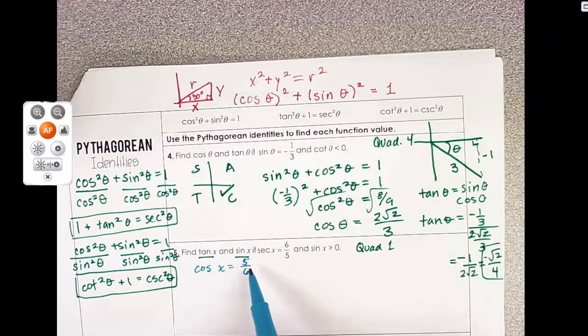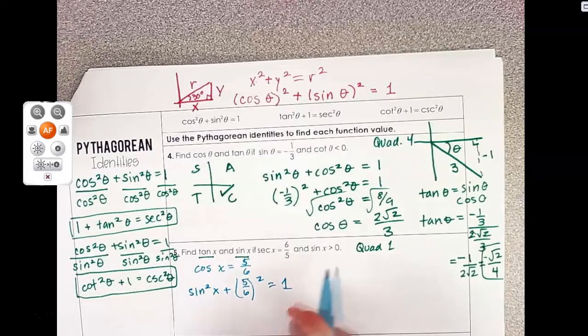And so I'm trying to find sine and the tangent. So I'm going to use sine squared plus cosine squared, or 5/6 squared, equals 1. And so that is 25/36. So where is my sine?